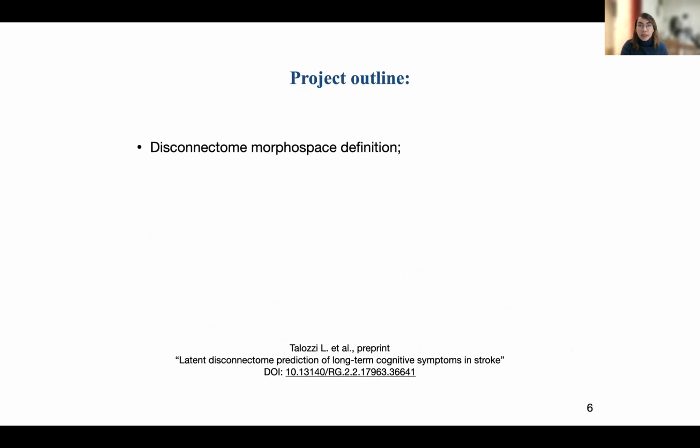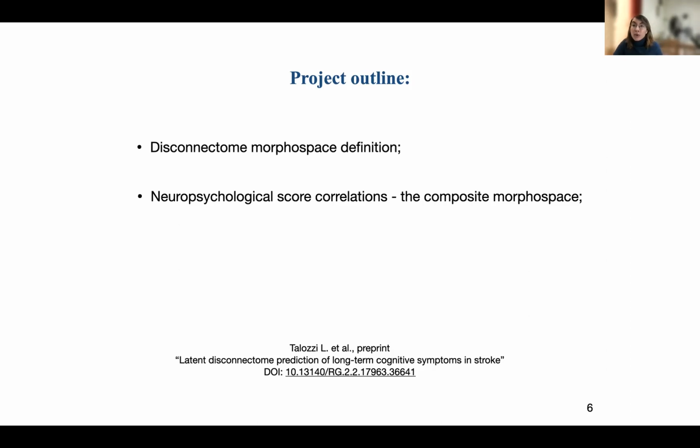So first, we will define a disconnectome morphospace, so an embedding of the disconnectome data. Then we will correlate the neuropsychological scores at 1 year from the stroke onset with the disconnections in the acute phase, to see if we can predict those scores.